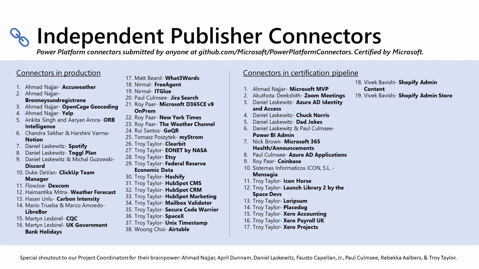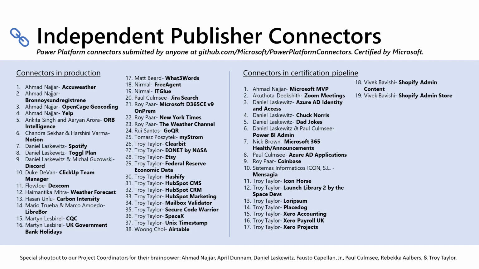And I just want to go side by side on the total number of connectors in production on the left, and then the number of connectors in the certification pipeline that are still making it through. So in production, you can see there's actually a couple of weather services, which is really interesting. We have AccuWeather now, we have Weather Forecast, we have the Weather Channel, so that's definitely been a pretty big theme.